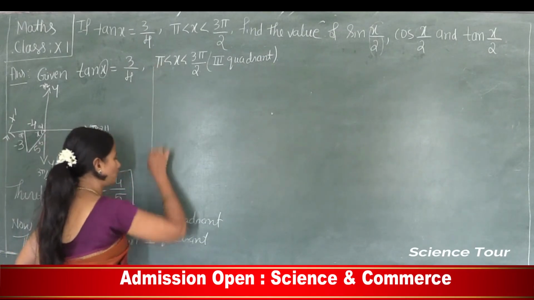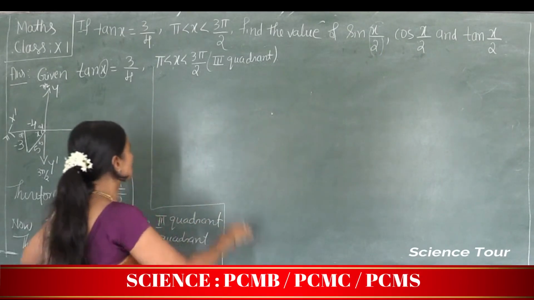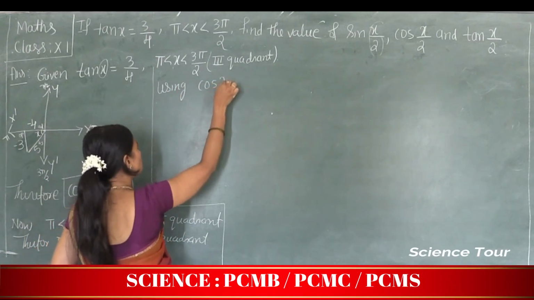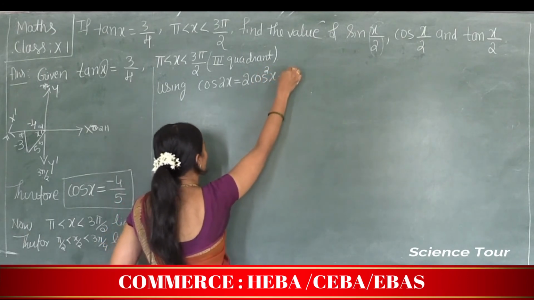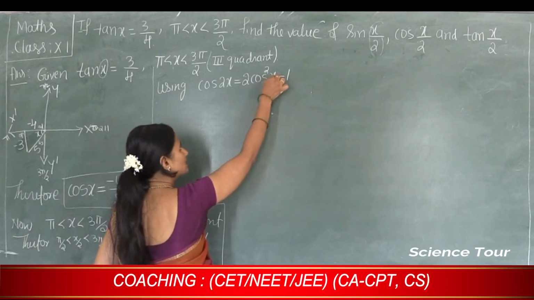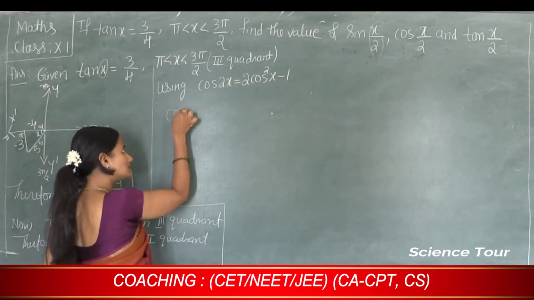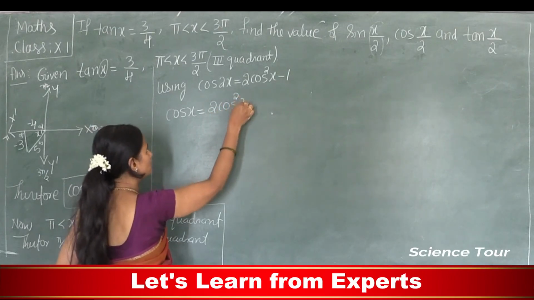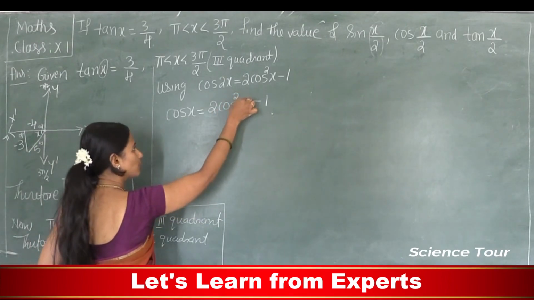Now next, to find cos x by 2 or sin x by 2, first I will use the formula using cos 2x. Cos 2x is equal to what? 2 cos square x minus 1. I need x by 2. So that's why cos x is equal to 2 cos square x by 2 minus 1. Right? So I need cos square x by 2.